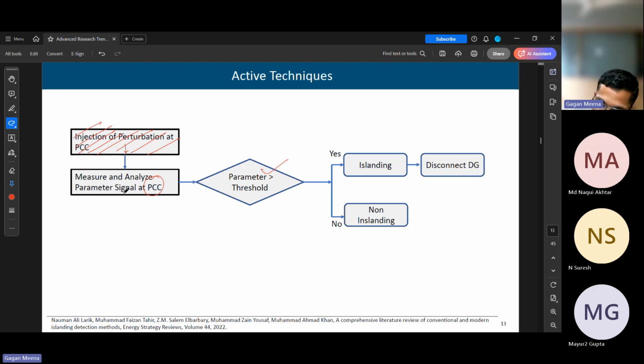First of all, we measure the signal, and if it crosses the threshold, then there will be injection of perturbation.